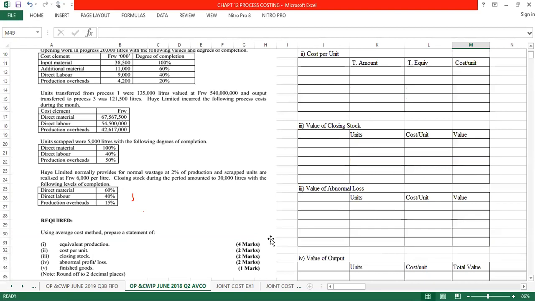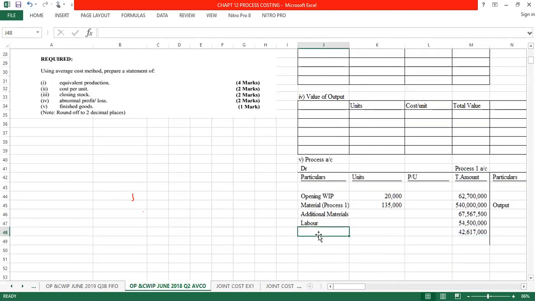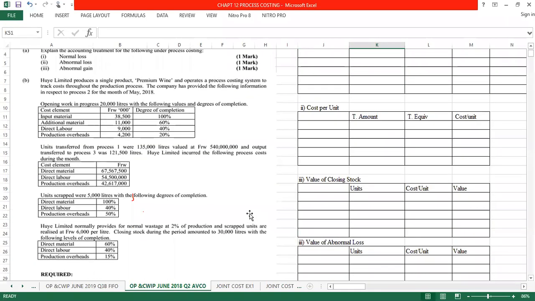What is it called? Production overheads. It is called production overheads.